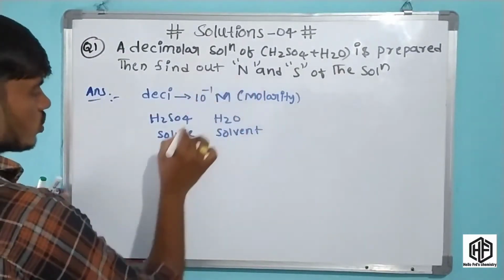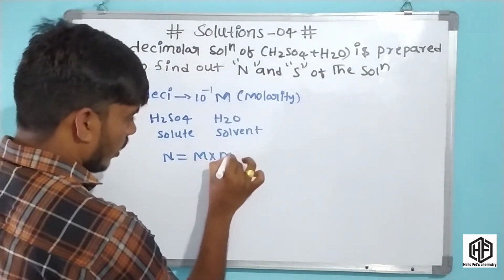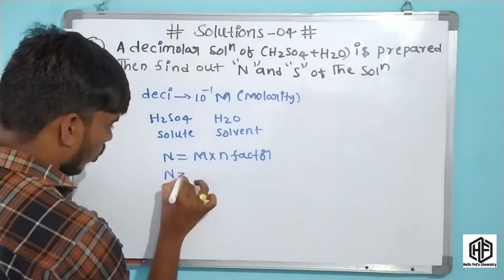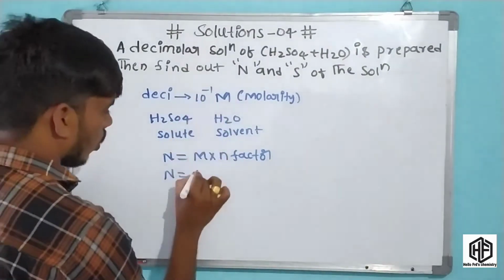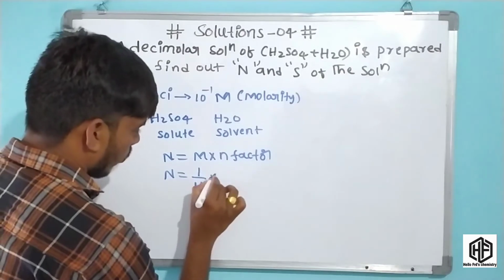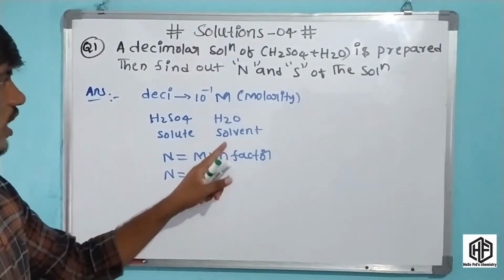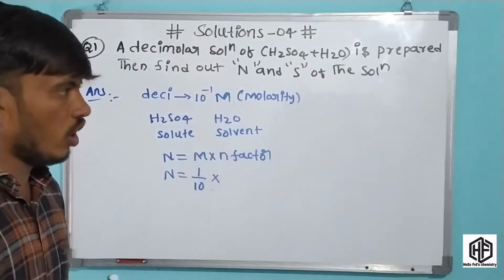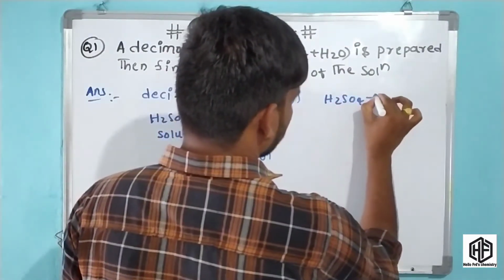Okay friends, now we have to find out the normality. Normality is equal to molarity into n factor. Molarity is given in the question, that is 1 by 10 molar, into n factor. Now what is the n factor of the solute H2SO4? H2SO4 is a strong acid.